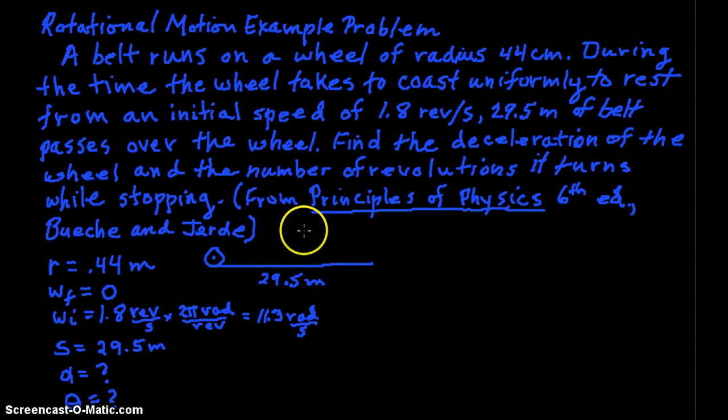So theta is given by S over R. So that's going to be 29.5 meters divided by the radius of 0.44 meters. And that's going to be 67 radians.